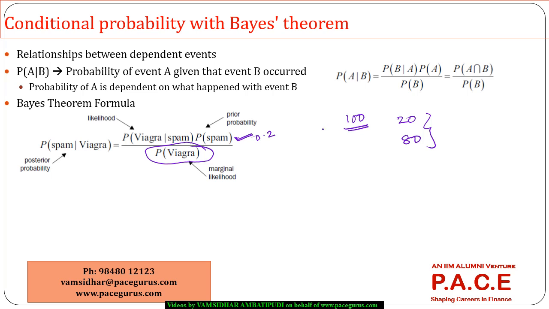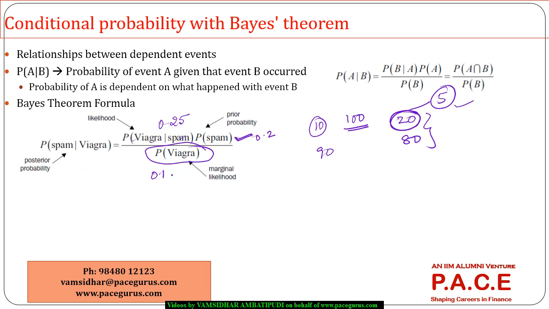So you can see out of 100 mails, 10 of them will contain Viagra, 90 of them don't contain Viagra. So basically this is 0.1. Now out of these 20 mails which are spams, let's say 5 of them contain the word Viagra. So what is the probability that, given a mail is a spam mail, it contains the word Viagra? So I am coming out as 5 by 20, which is 0.25.